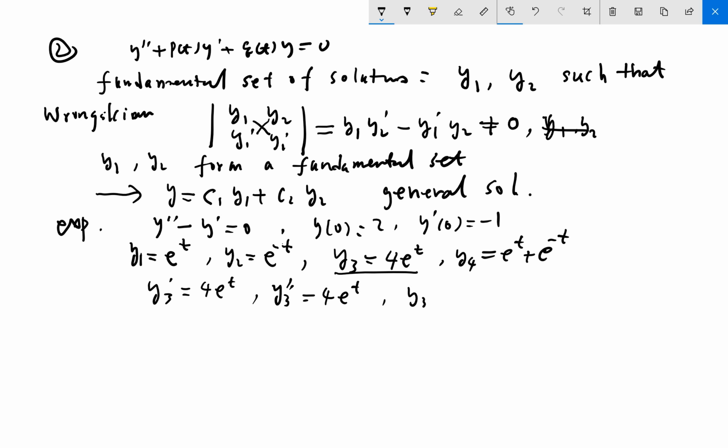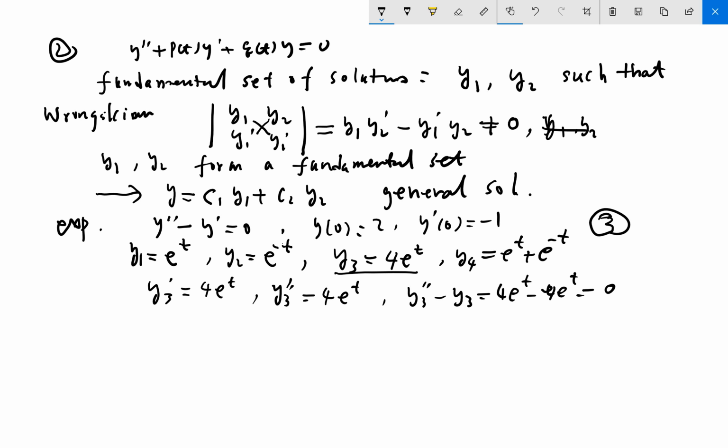Therefore y3 double prime minus y3, which is 4e to the t minus 4e to the t, is 0, so it is still a solution. So you have so many solutions. I call this problem 3. In order to solve problem 3, to find all the solutions, we need to find a fundamental set.